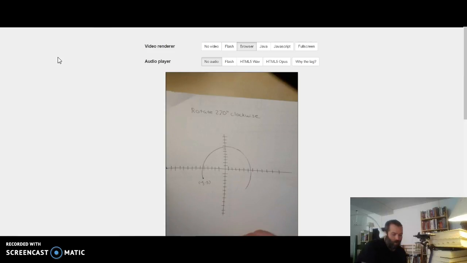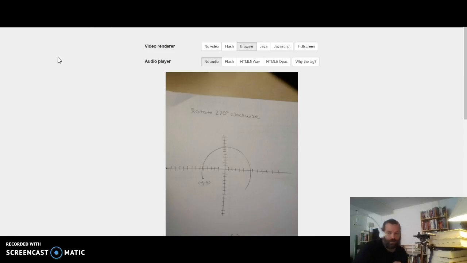Now, to figure out what the coordinates of that point are going to be after we do that rotation, all we do is we look at the starting point. It's -5, -3. We ignore our negative signs and we switch the numbers. So -5, -3 becomes 3, 5.